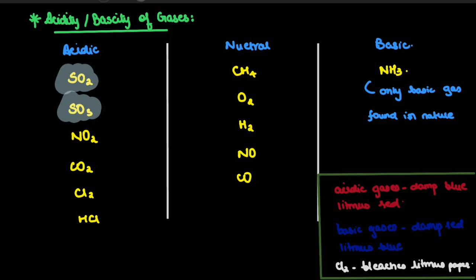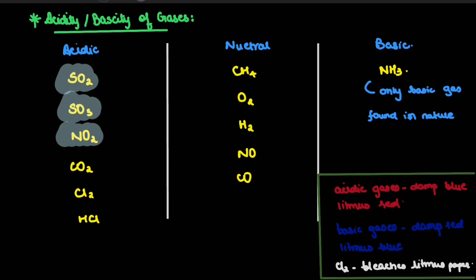Nitrogen dioxide is also acidic, and this is also important because we talk about the greenhouse effect, global warming and acid rain. Nitrogen dioxide is actually responsible for acid rain, as well as sulfur dioxide.